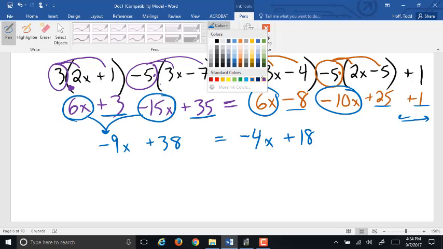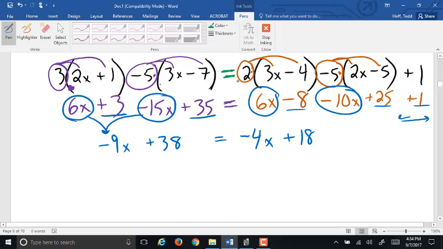Now, when we look at this one, the variable, the x, appears on both sides again. We need to get rid of one. Now, they're both negative. So which one is actually the smallest one here? The negative 9. How would we get rid of it? We would add 9x.